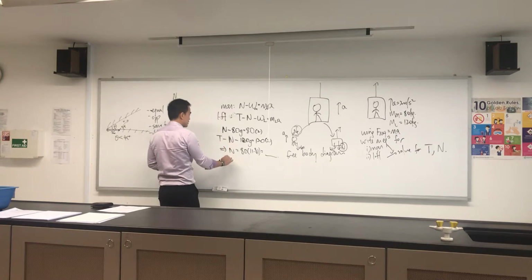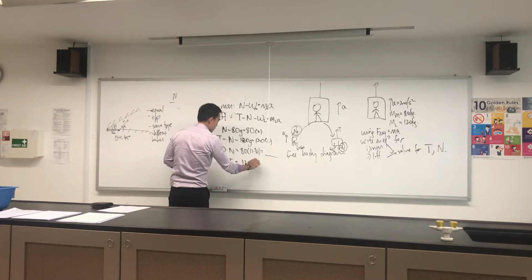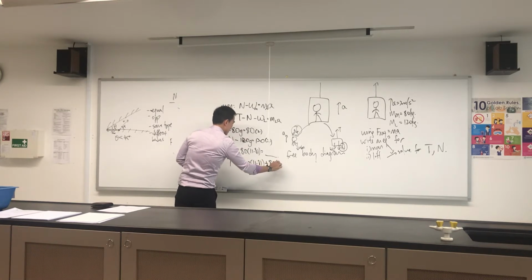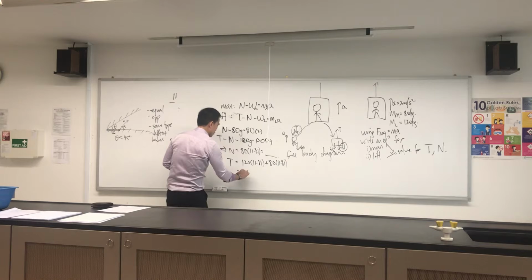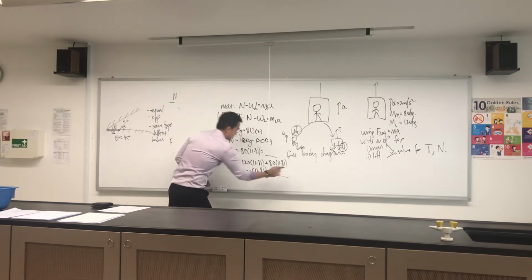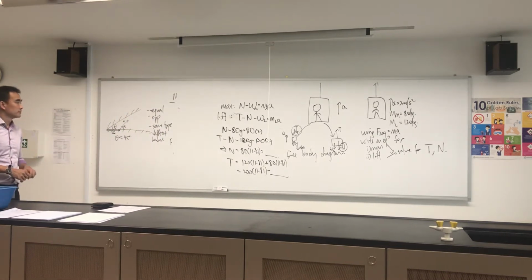Then plugging this into the T equation, you get 11.81 plus 80 times 11.81, which equals 200 times 11.81. So if you plug in all the numbers, you get an answer.